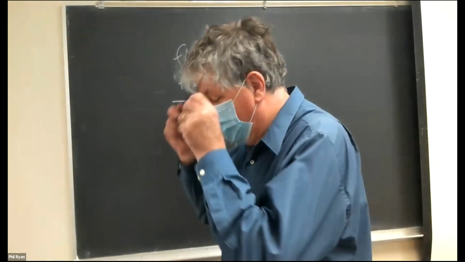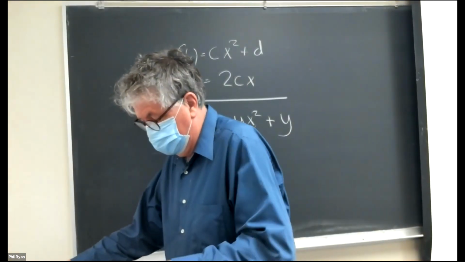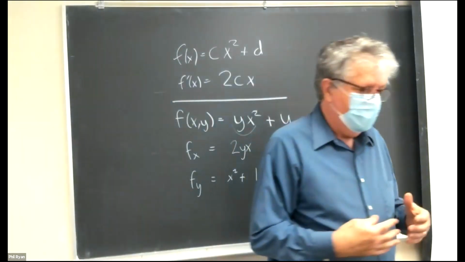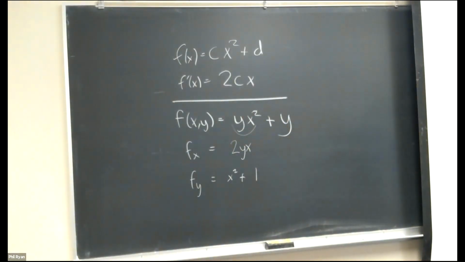So you just treat one variable as varying and the others as a constant, and we just take the derivative like we would with just one variable varying.